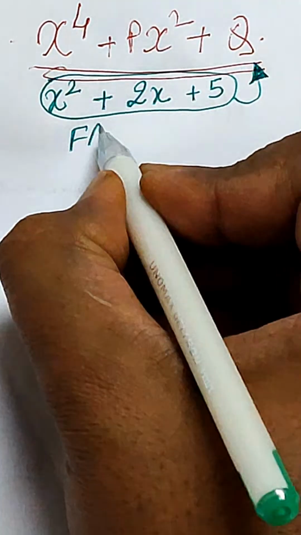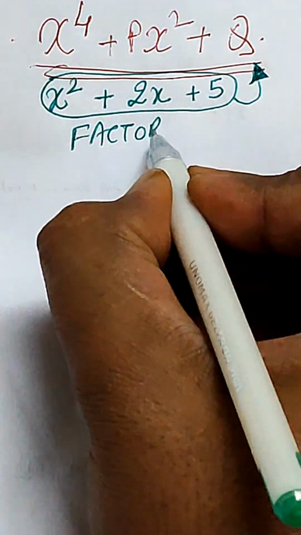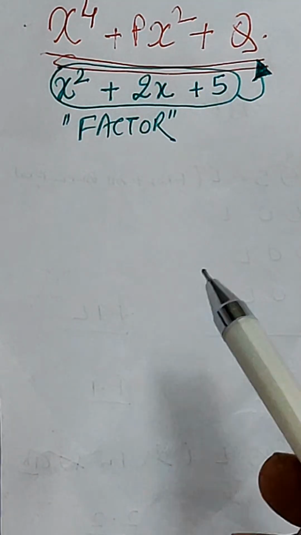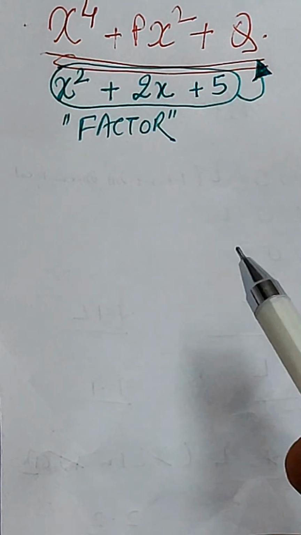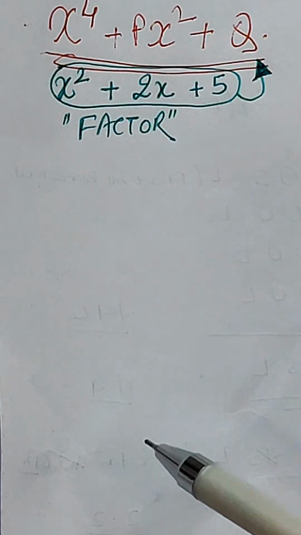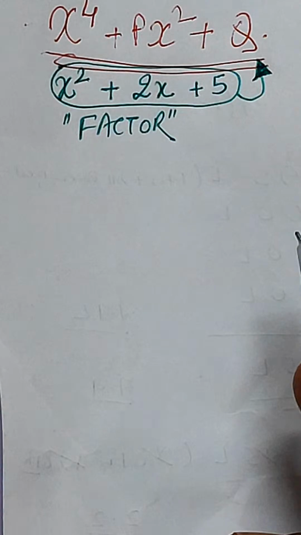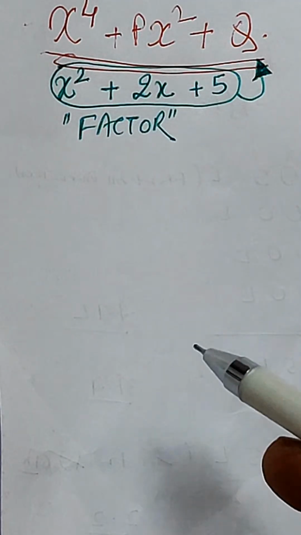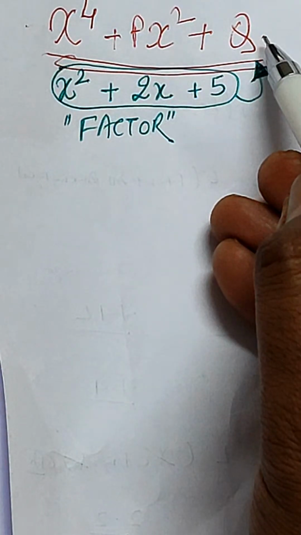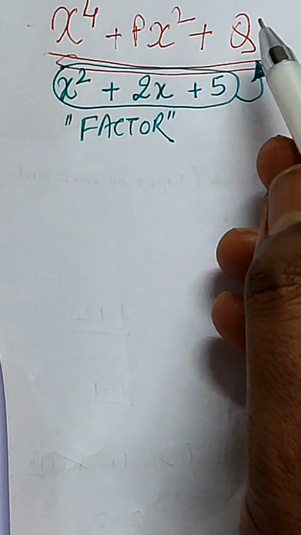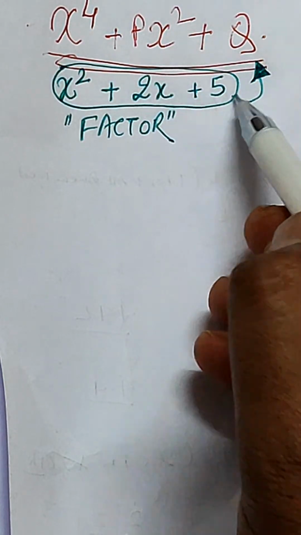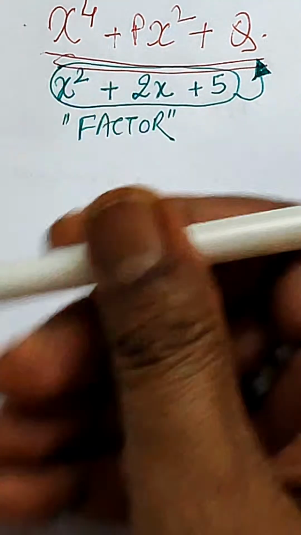You know what the meaning of factor is? Suppose 16 is given to you, then we can say 4 is a factor of 16, 2 is a factor of 16, 8 is a factor of 16. That means the given number is completely divisible by the divisor. So here this will be the divisor.